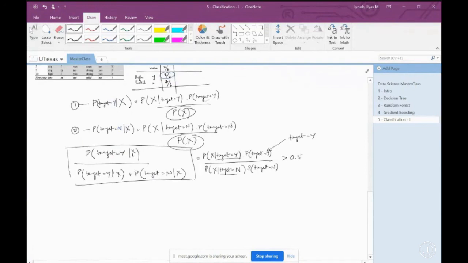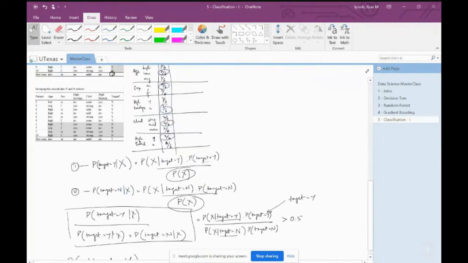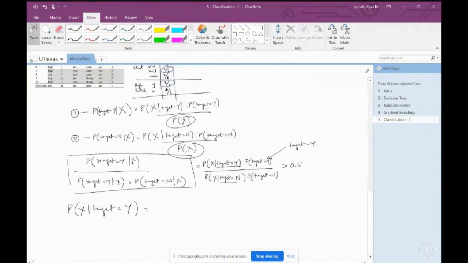So let's do the probability of x given target equals Y. That means the person had the disease. Among the people that have the disease, what is the probability of x?